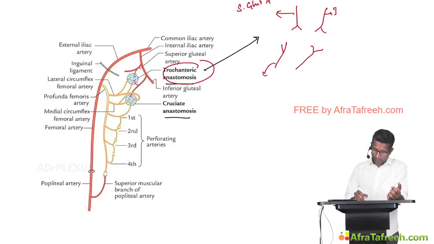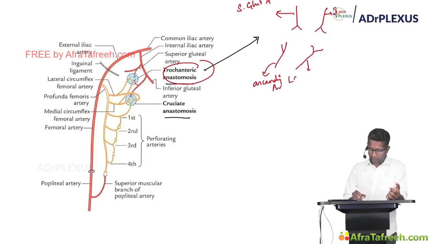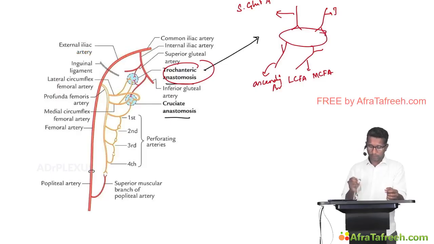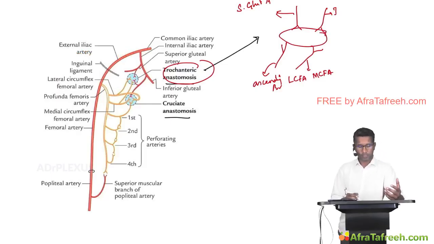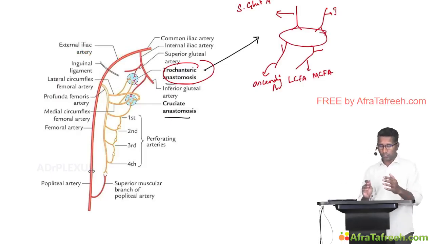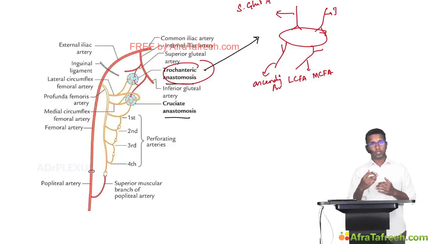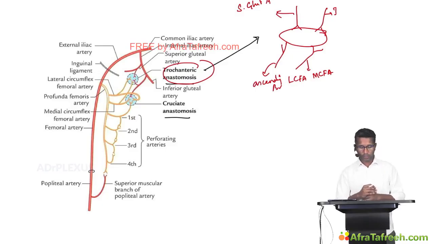The ascending branches of the medial circumflex and the lateral circumflex femoral artery also form the trochanteric anastomosis. Similarly, you have the cruciate anastomosis and the anastomosis around the knee and malleolus. All these anastomoses help in collateral circulation.